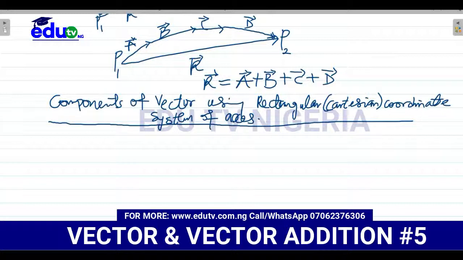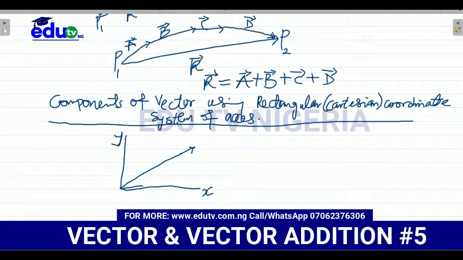Okay, and it's like we have this. We have the y axis, which is the vertical axis, and we have the x axis. And we have a vector here, called vector C.